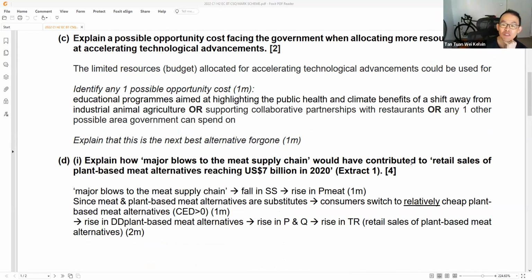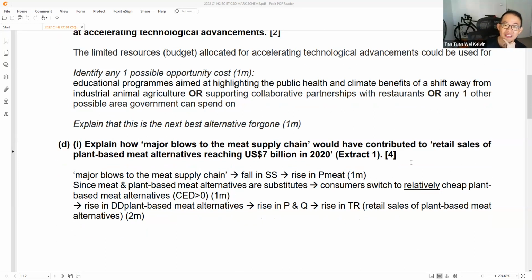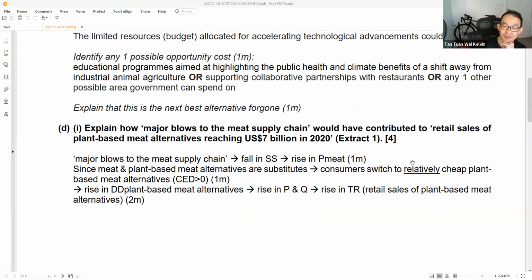So the demand for plant-based meat will be higher once the price of conventional meat goes up. When the demand for plant-based meat is higher, then P times Q always goes up. You don't have to worry about PES. Rise in P, rise in Q, therefore P times Q will be higher. So that's how the marks are given for this question.